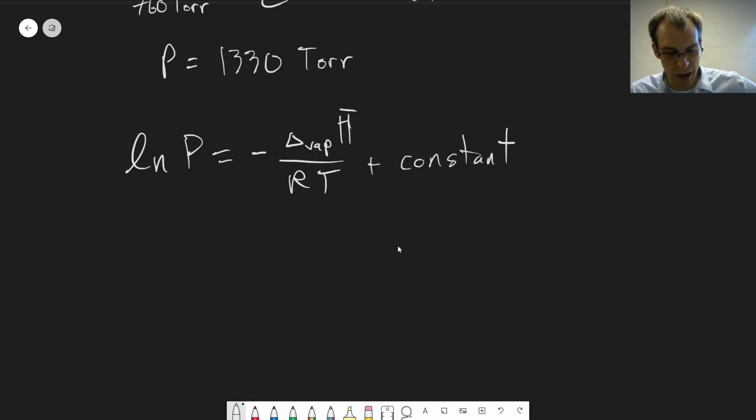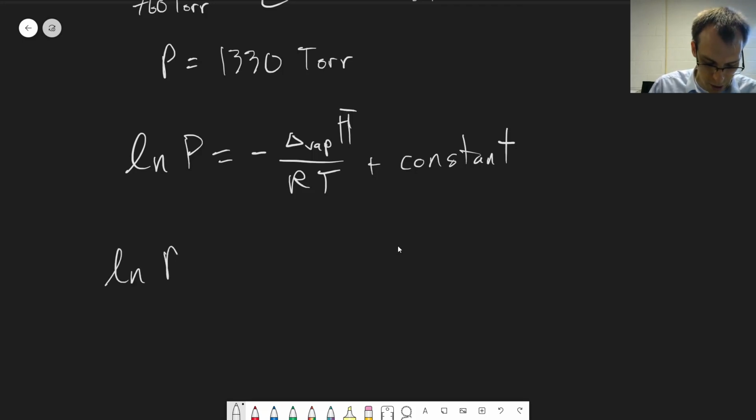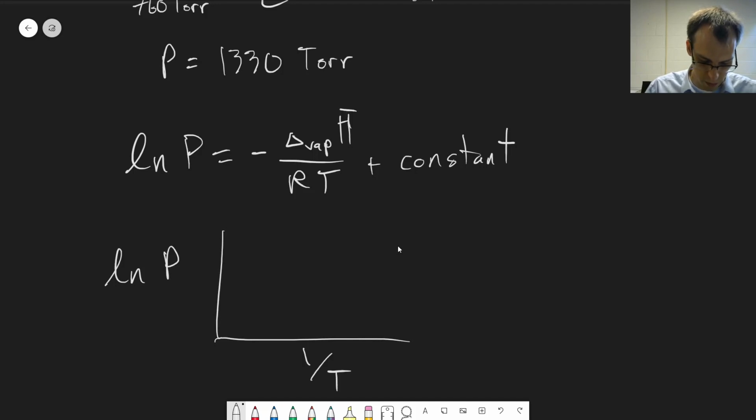This gives us a formula if we can find pressure versus temperature for that coexistence curve. We have a slope here, right? If we plot log P versus 1 over T, these are our variables, we can see we should get a line with a slope of negative delta H vaporization over R.